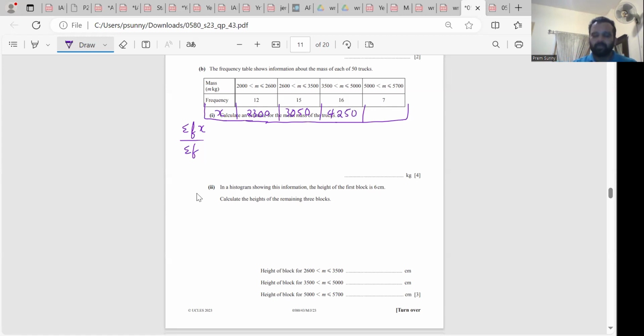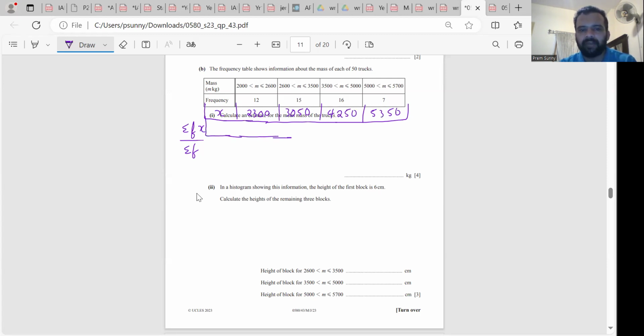Now 5000 plus 5700 divided by 2 will get 5350. So for sigma fx, we have the frequency and the midpoint, and we have to draw one more column here.